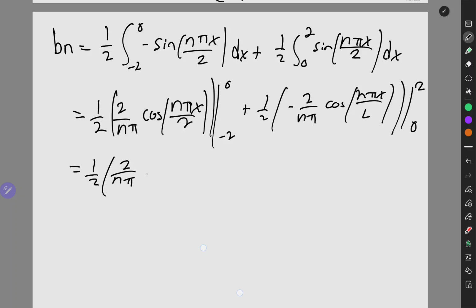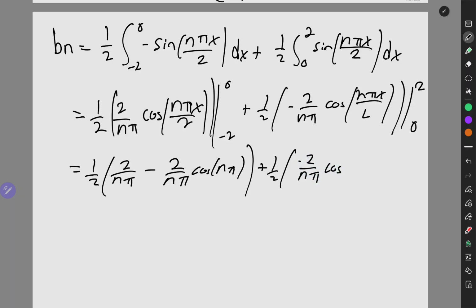Plug in 0, that's just 2 over n pi minus. Plug in negative 2. That 2 would cancel, and the negative inside just goes away because cosine is even, remember? Oh, sorry, wait. Minus 2 over n pi cosine of n pi, plus 1/2 times, this would be negative 2 over n pi times cosine of n pi, plus 2 over n pi.